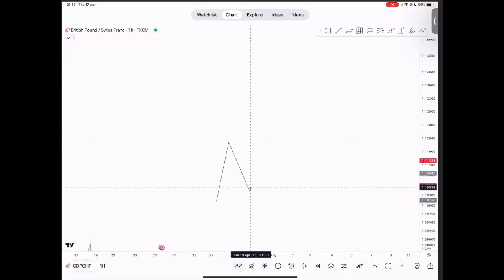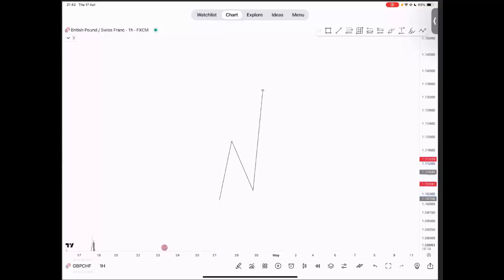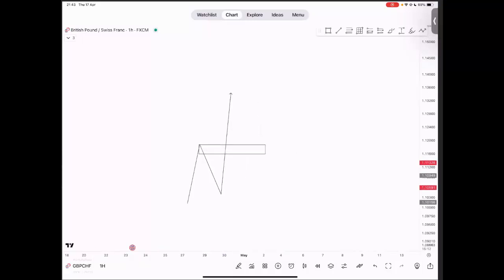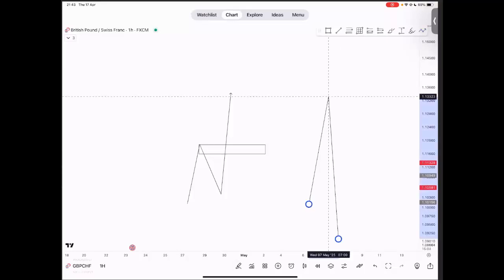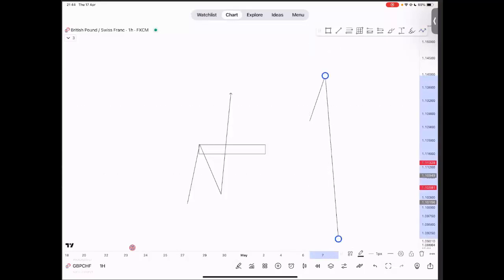You already understand that mitigation blocks are created by the impulsive breaks of price to probably a higher high, just like this one, or in another case like this, an impulsive break towards, sorry, let me take this a bit up. An impulsive break to a lower low, just like this one.